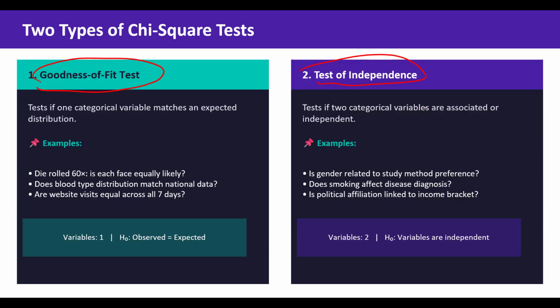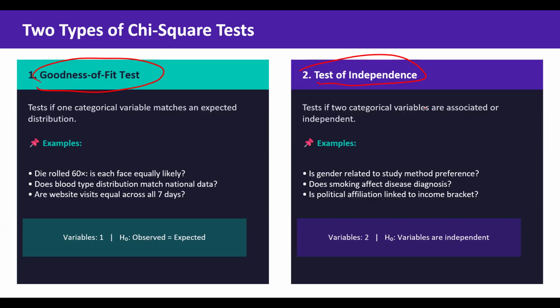One example: is gender related to study method preference, say people prefer face-to-face, online, or hybrid teaching modes? Another, in the medical field: does smoking affect disease diagnosis? And another example: is political affiliation linked to income bracket?